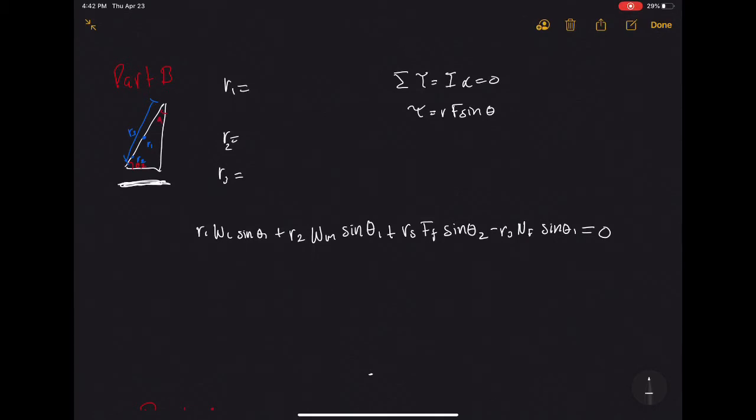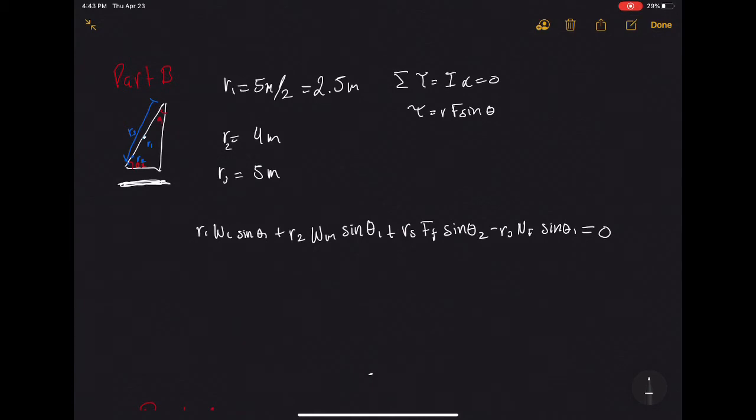R1 is the ladder, which is 5 meters long, divided by 2 to get the middle point, so it's 2.5 meters. Then R2 is where the guy is standing. The problem says he's 1 meter from the top of the ladder, so 5 minus 1 is 4. And R3 is the whole length of the ladder, which is 5 meters.